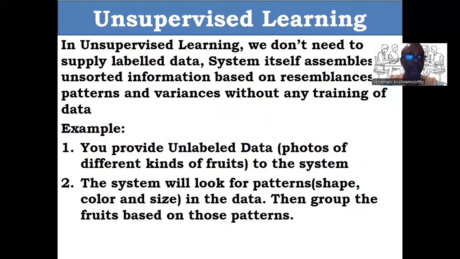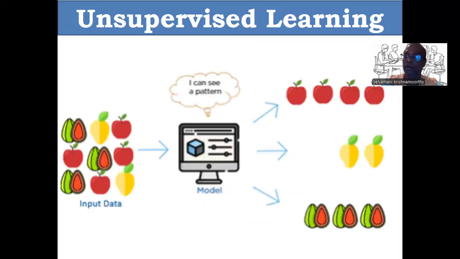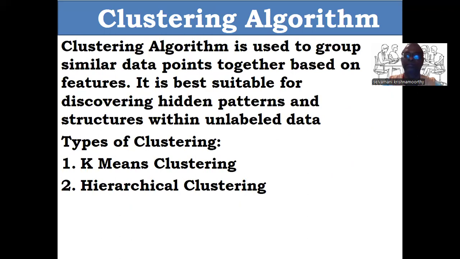Example: here we provide unlabeled data, that is, photos of different kinds of fruit, to the system. The system looks for patterns in the data. It may be a shape, a color, or a size. Then it groups the fruits based on those patterns. Color-wise, all red color fruits are kept separately, all orange color fruits are kept separately. Shape-wise, all rectangular avocados are kept separately. This is what unsupervised learning is.